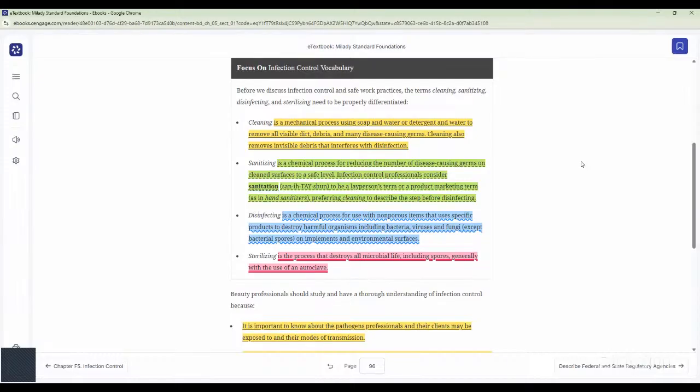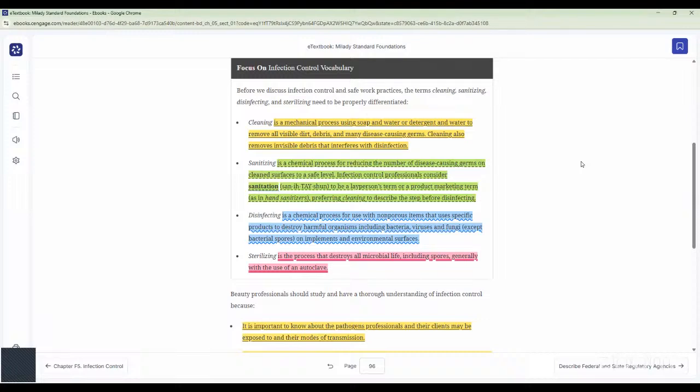All right. Then we have sanitizing. Cleaning, soap and water, detergent. You're talking about laundry. Cleaning also. Take a bucket of soap and water and wash the windows.